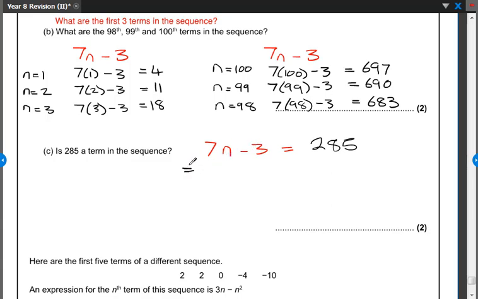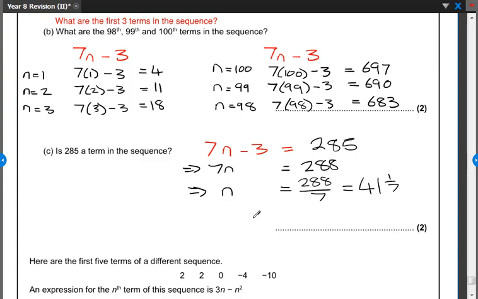So that implies 7n equals 288. That implies n equals 288 over 7, and that equals 41 1/7.